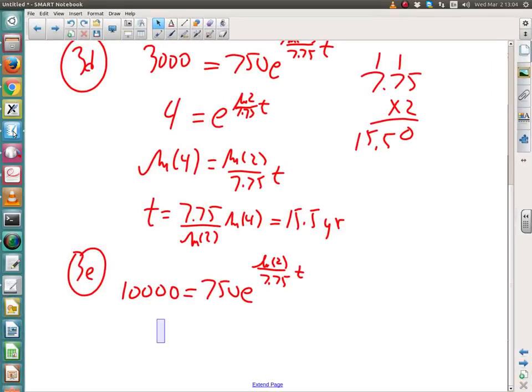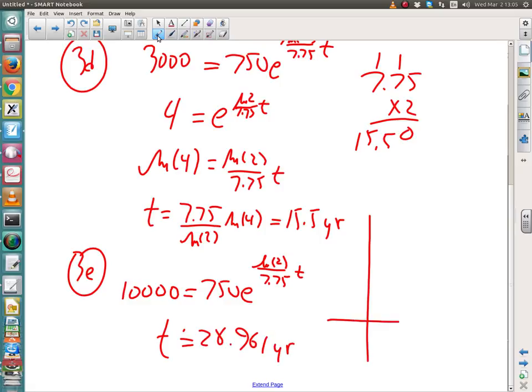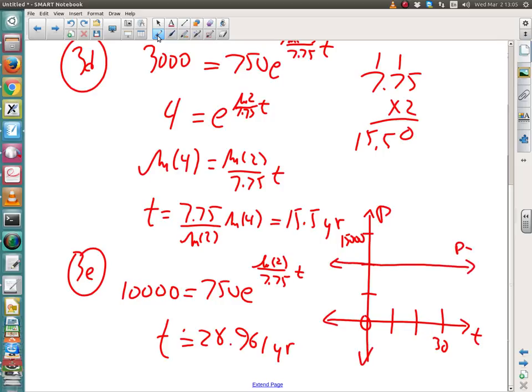So t is approximately 28.961 years. But how do you show the work? You draw the graph. Here's y equals 10,000, or p equals 10,000.